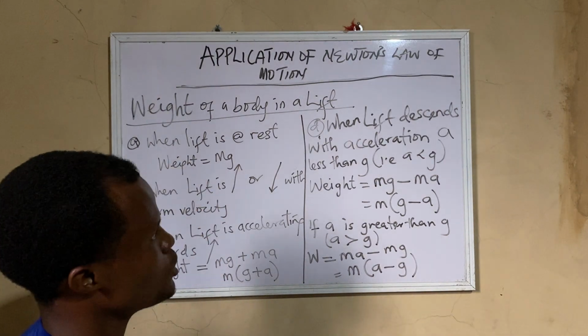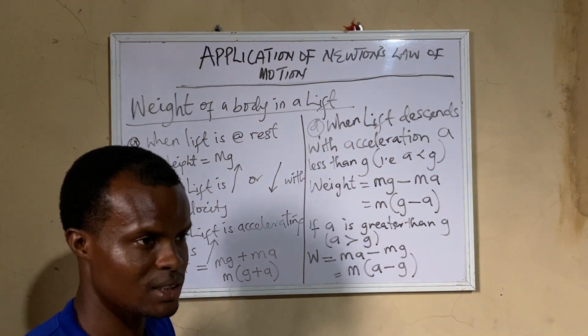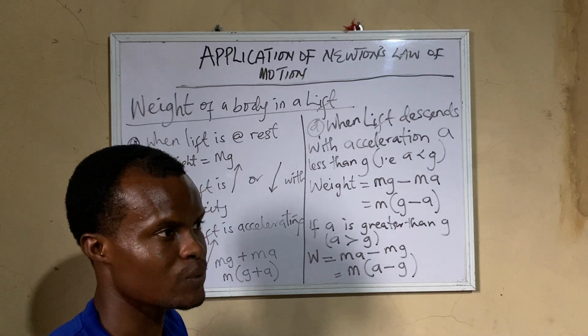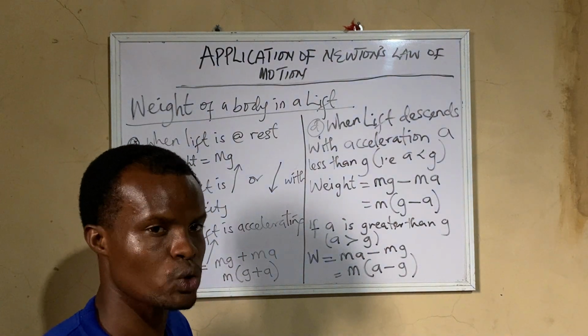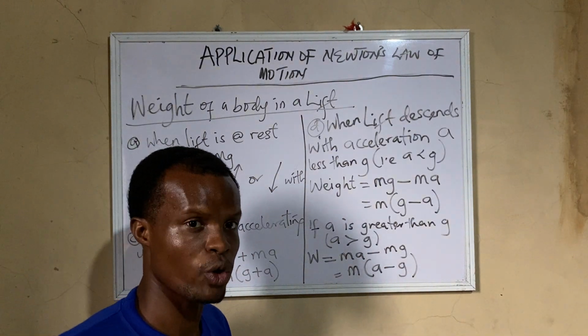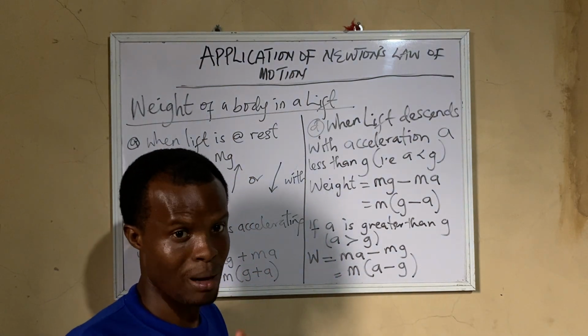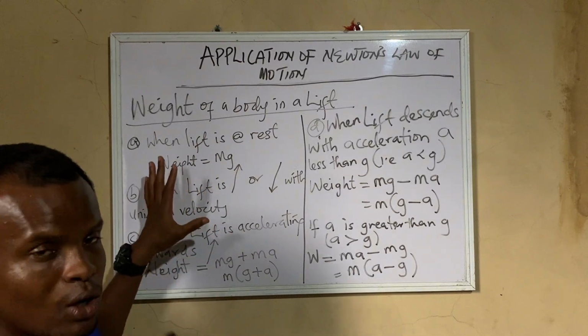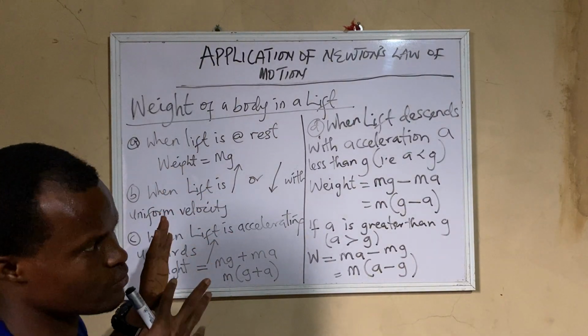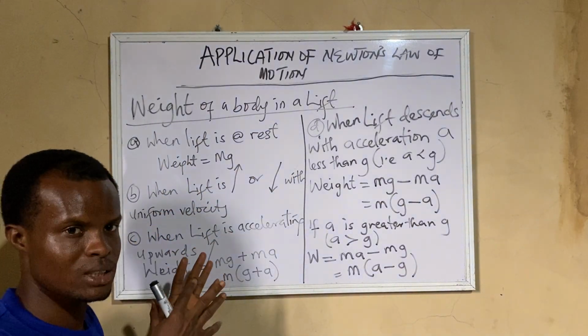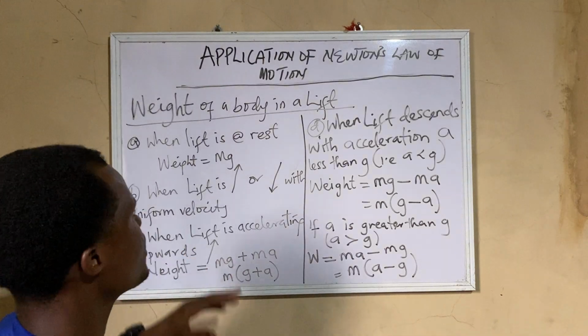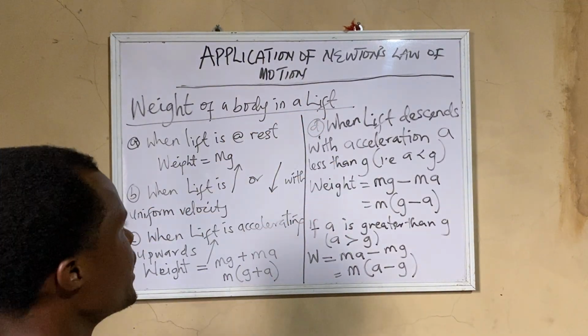But you can also check to be sure, because these are tips you need to know, especially for those writing JAMB, for your English language, to be able to differentiate British English from American English. But for the sake of this class and this subject, for understanding's sake, we'll be using lift here.